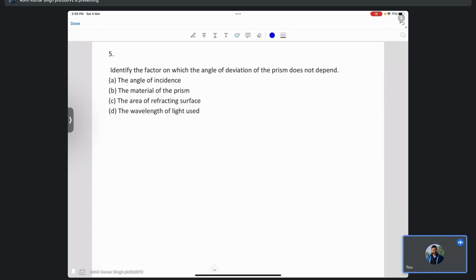The deviation that is caused by the prism. So you have this prism, a light ray will come and go like this. This is the deviation angle. Okay. So on which parameters does this delta depend?